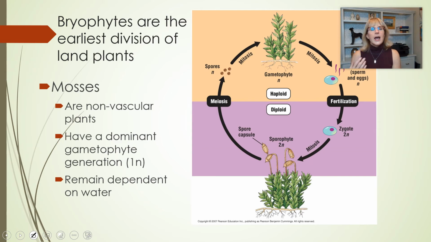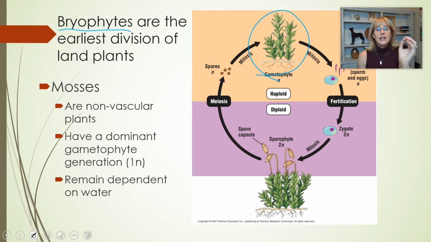So this is just another depiction of the bryophytes. Bryophytes are the mosses, liverworts, and hornworts. Bryophyte is another word for the non-vascular plants. Here's our gametophyte. It is haploid. Remember that these guys have a dominant gametophyte generation. So even though this is what you think of when you think of the moss plant, it is haploid.